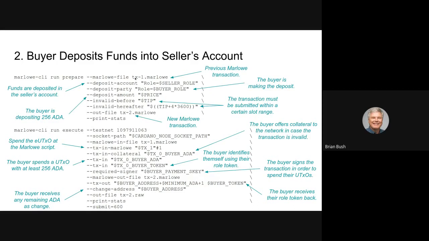So we had the state of the contract at transaction 1, this tx1.marlowe file. After we've done the input, we're going to be ready for transaction 2. So we have tx2.marlowe. And this input is a deposit input. So we're depositing into the seller account. We are the buyer making the deposit. We're depositing 256 ADA, which is the price.